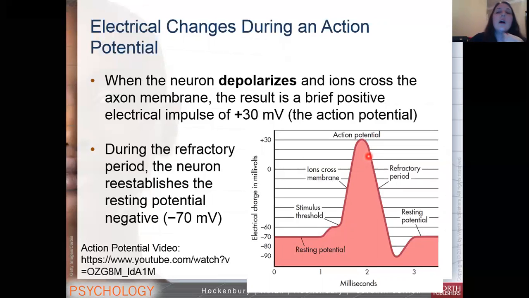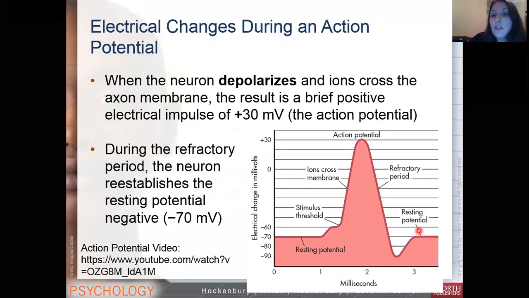And so those gates open up, and those ions move out of the cell, and then we get more and more negative. Now, there is a period of time here, what we refer to as hyperpolarization, that the cell dips below its resting potential. It may dip below as much as -90 millivolts, but then it very quickly will go up to the resting potential.